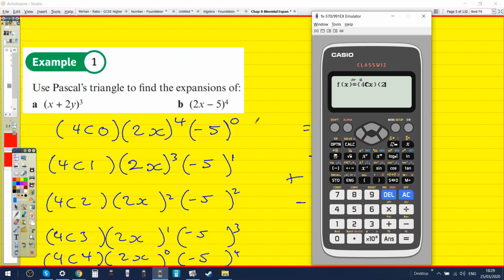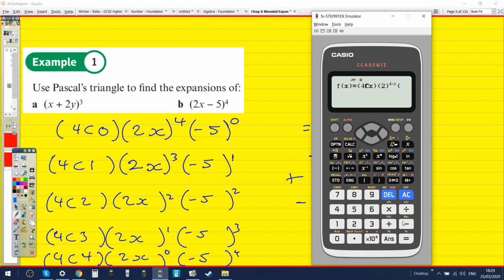I'm going to show you something. You can use it, you cannot. I went to calculator table, f of x for 4 choose x. We cannot put in this x, so I just leave that as 2 to the power of 4 minus x, because it's going to be going down by 1 each time.